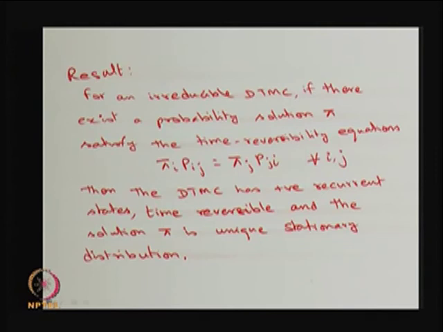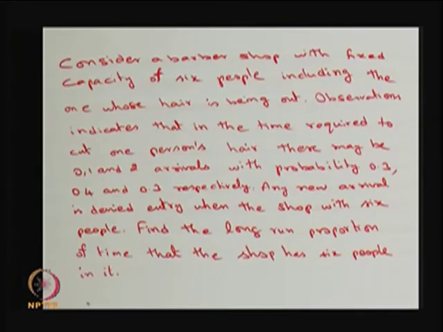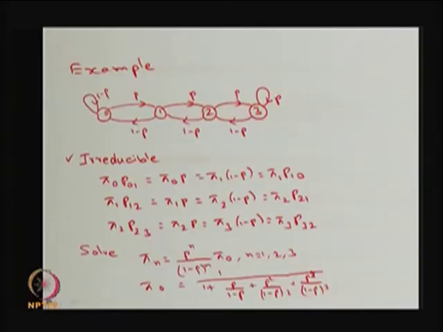Therefore, I started with the probability solution pi, and I have checked the time reversibility equations for the example also. Then I am concluding it is going to have a unique solution. So, I have verified the time reversibility equations.